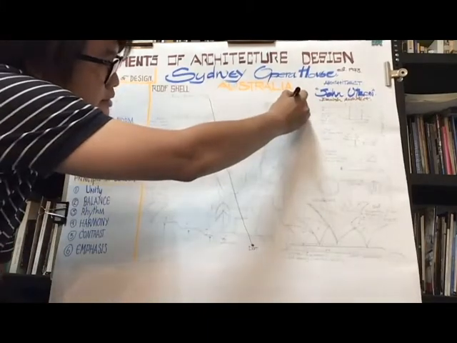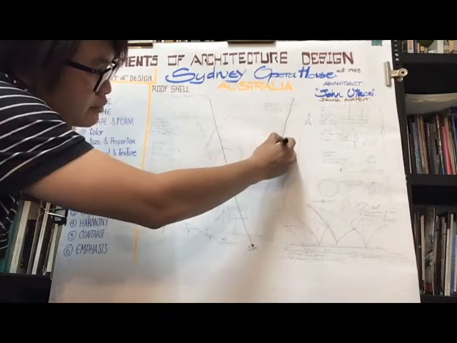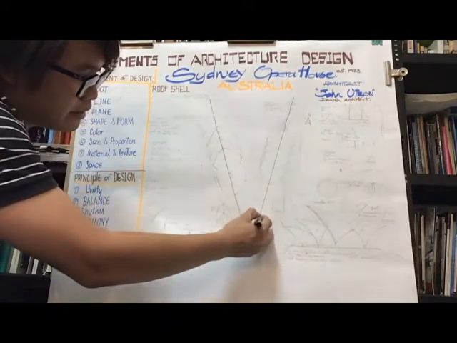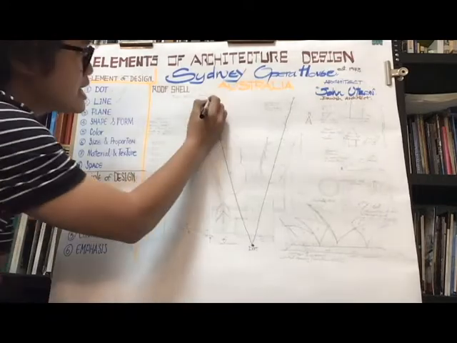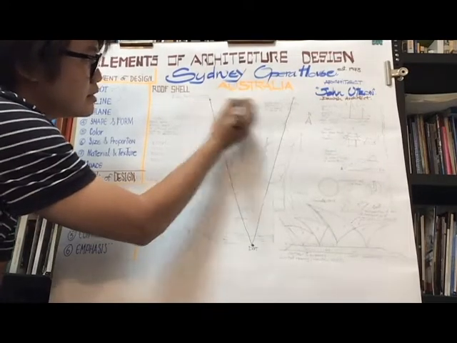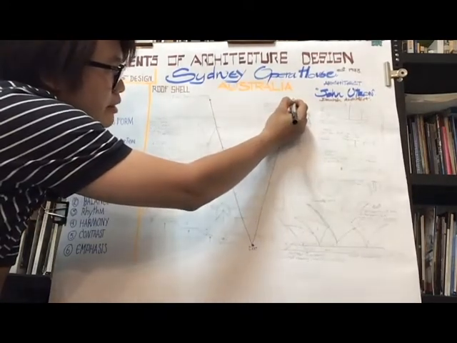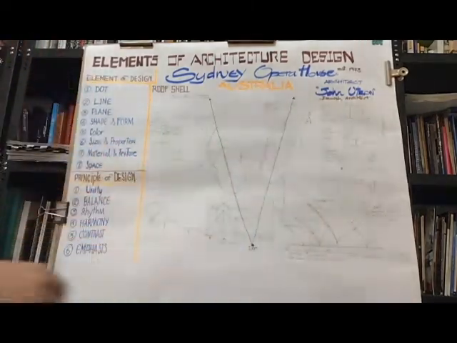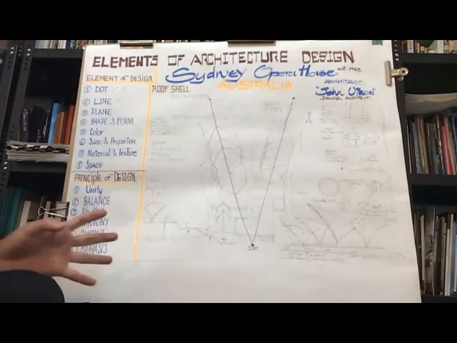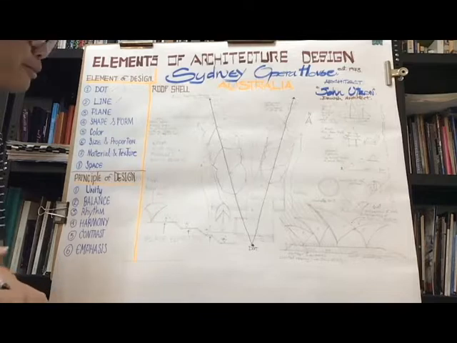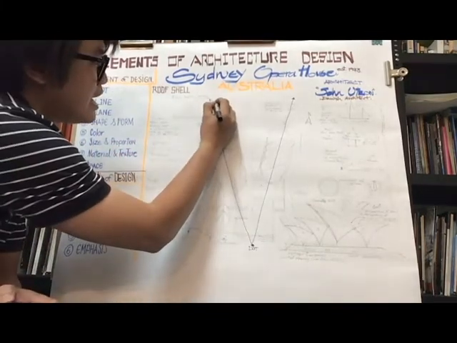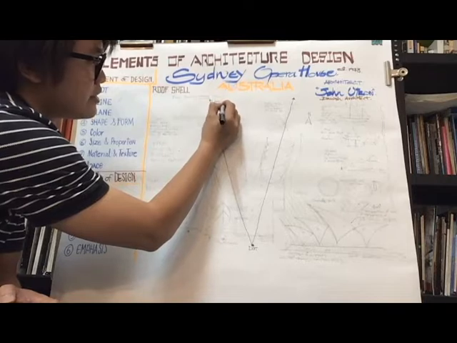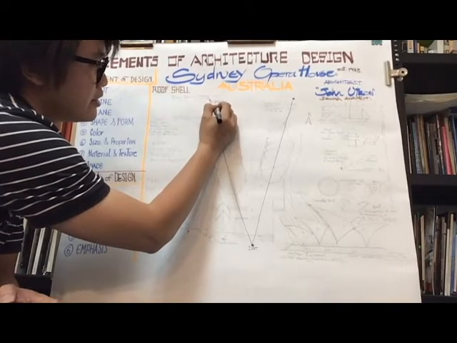And this one. Hope you are seeing clearly enough. This line is some kind of line that you cannot see, it is invisible, but it is there. It is the line as axis.